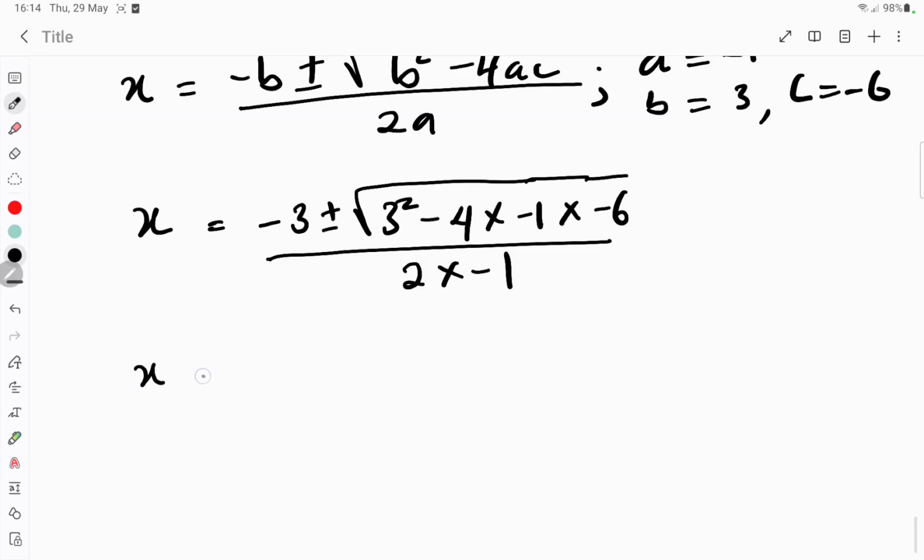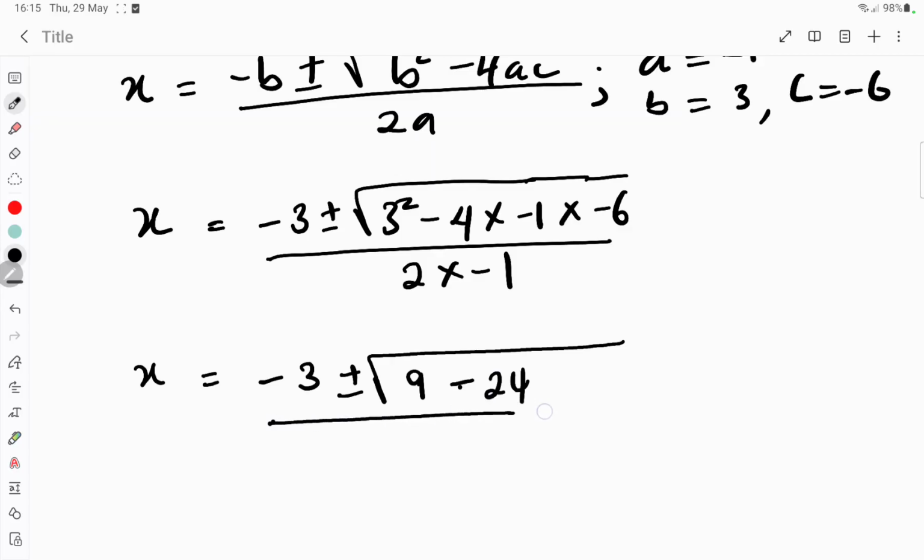So we have that x is equal to minus 3 plus or minus the square root of 3 squared is 9, minus 4 times minus 1 is 4, 4 times minus 6 is minus 24, then divided by minus 2.